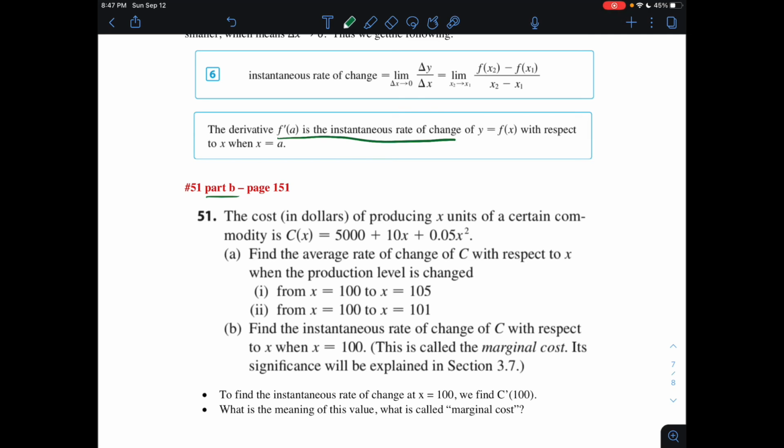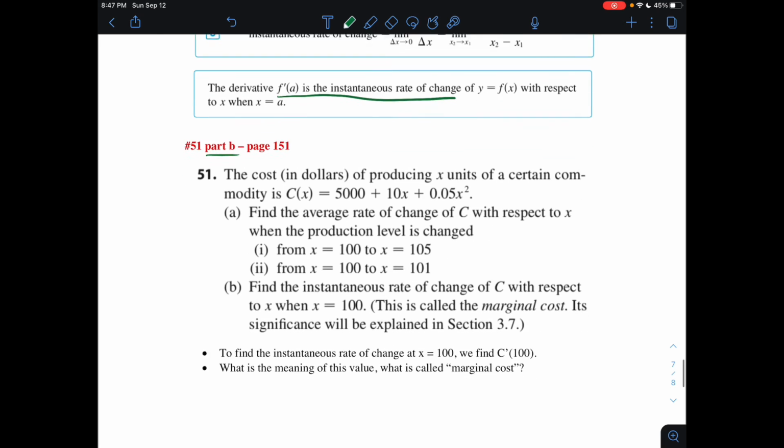The cost in dollars of producing x units of a certain commodity is capital C of x, which is equal to 5,000 + 10x + 0.05x squared. So in this case, capital C is measured in dollars, and x is just the number of items of a certain commodity. And we're just going to take a look at part B.